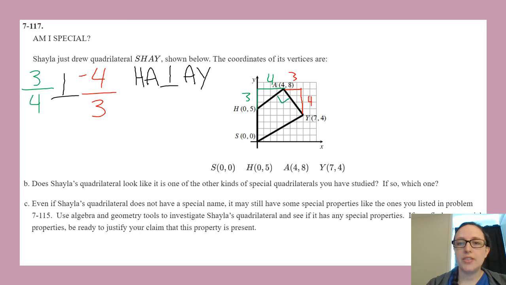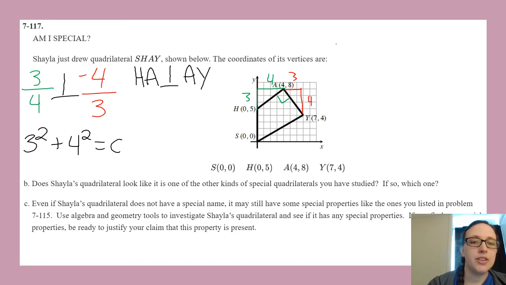So since they have the same base and the same height, 4 and 3, that means that they're going to be the same length, because in two right triangles, if we have the same base and height, then we're going to have that same diagonal length. So we just have to find that length. So we're going to use the Pythagorean theorem, and we're going to plug in the height and the base, so 3 squared plus 4 squared, and we're going to find the hypotenuse, c squared.